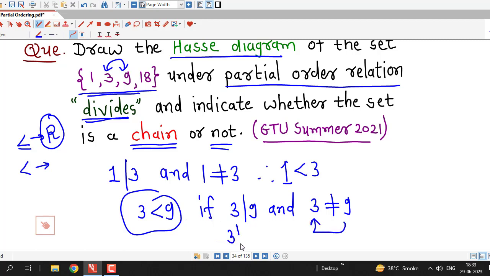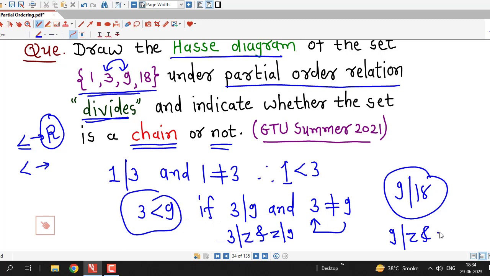There is no element in between 3 and 9 in the given set such that 3 divides z and z divides 9. Therefore 9 is a cover of 3, and 3 is a cover of 1. Similarly 9 divides 18, 9 is not equal to 18, and there is no element in between 9 and 18 also such that this happens. Therefore 18 is a cover of 9.